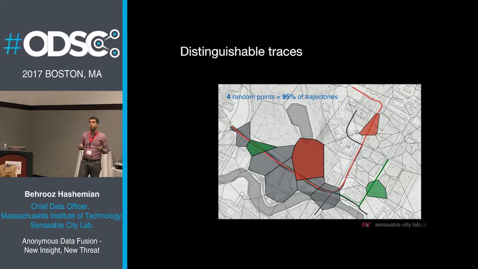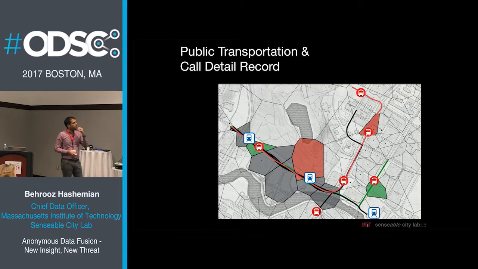These patterns are something that was not available in any of the columns of data; they are built upon individual behaviors. One example is merging call detail records with public transportation data that we are doing. This is where people tap in and tap out. Public transportation is a very sparse data set, because for each trip you have only 2 points.